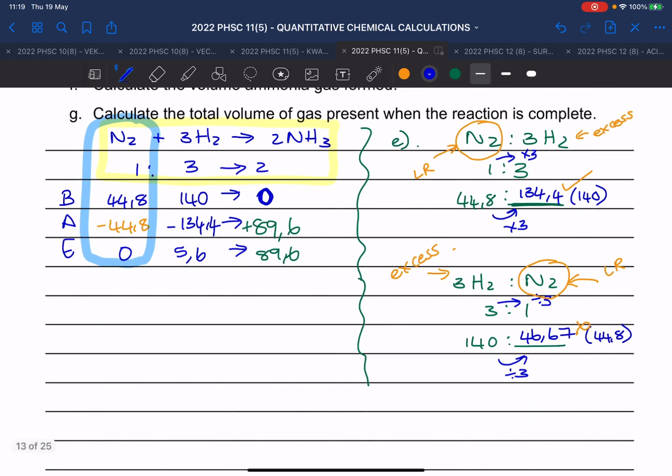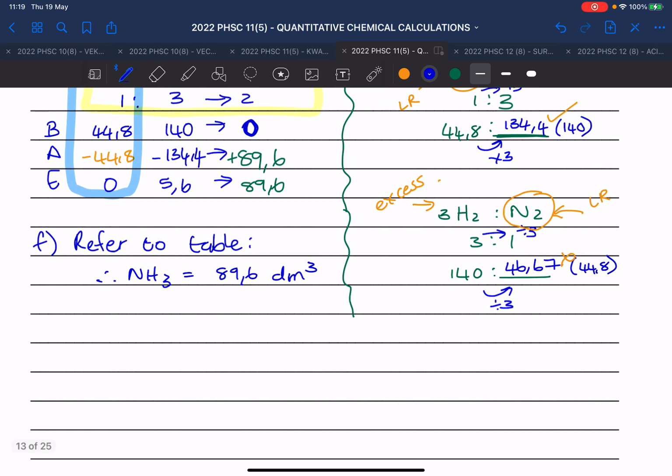So if you did it in your table, you can just say refer to table and then say ammonia is 89.6 decimeters cubed, or you can do the mole ratio thing.